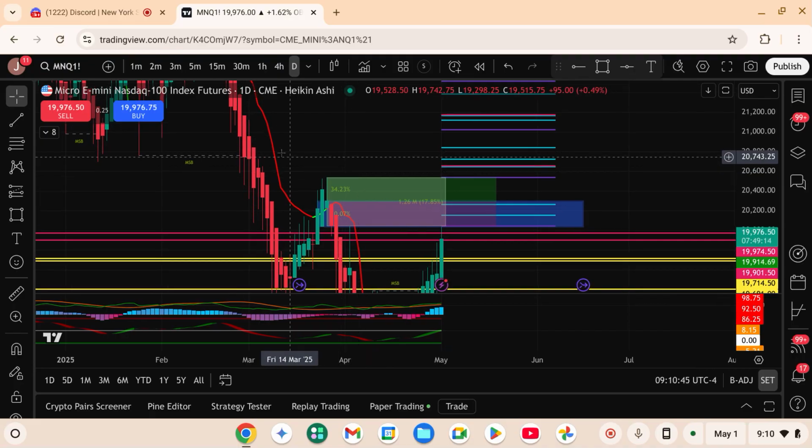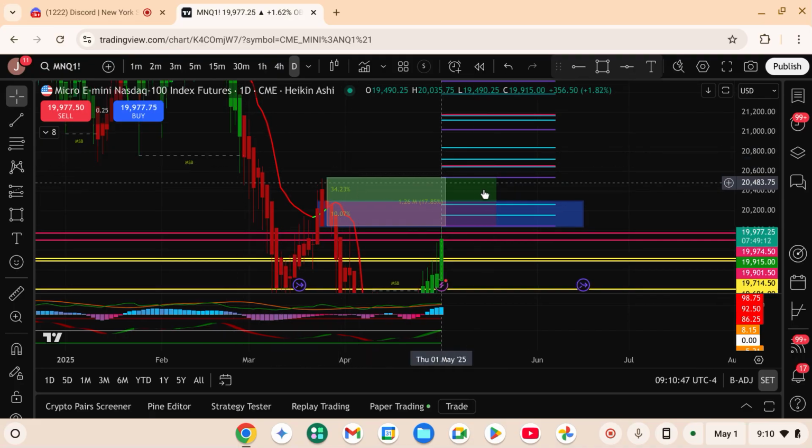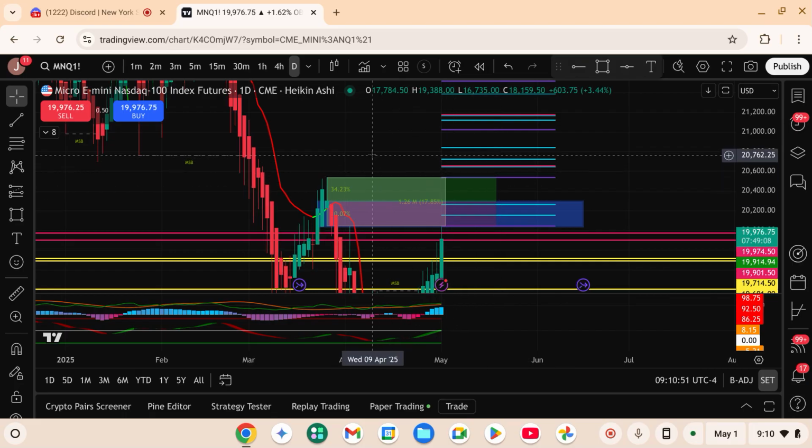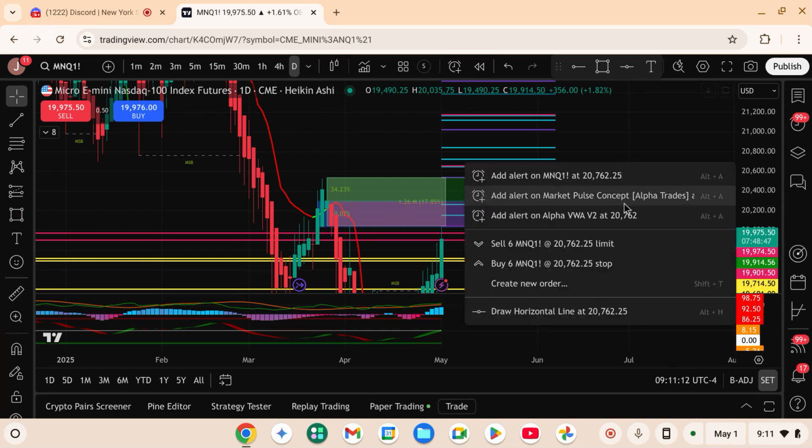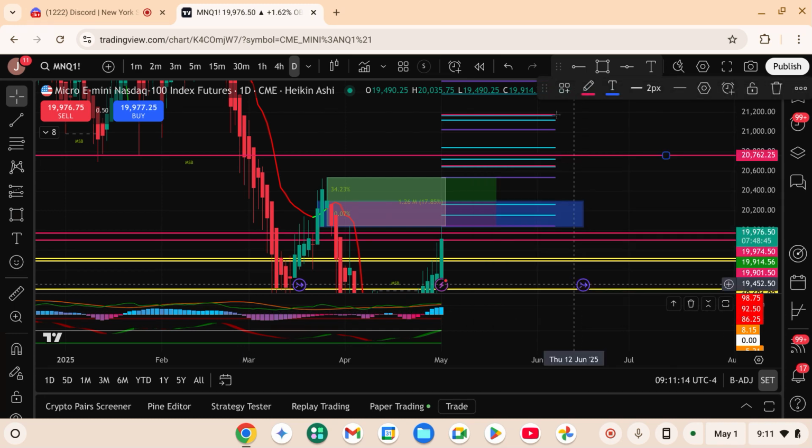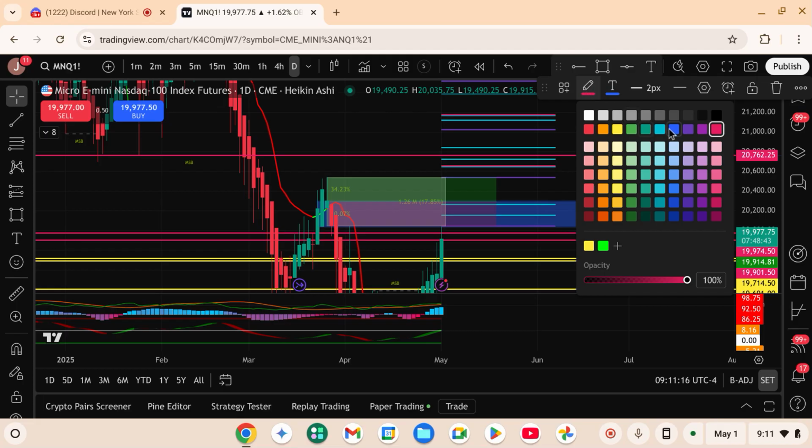I don't think it'll break this full order block today, but just in case it does, we can get this market structure right here, which is 20,762. We'll go ahead and draw that up. Turn that purple.